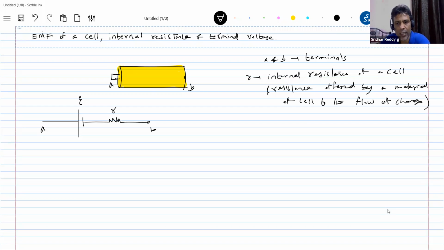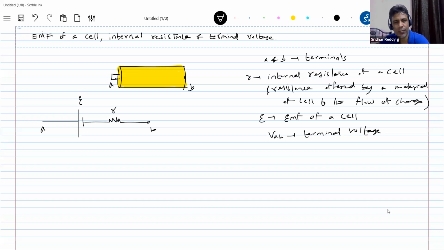This symbol is called the electromotive force, or EMF, of a cell, and VAB is called the terminal voltage. These are the terms which I'll be using frequently here.